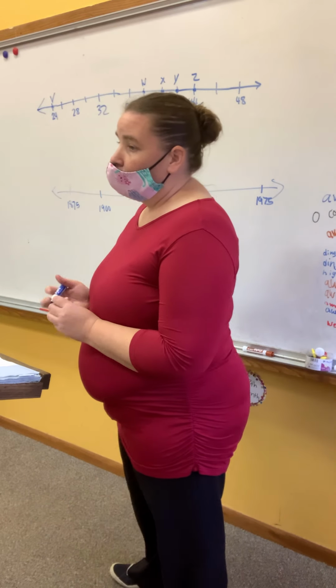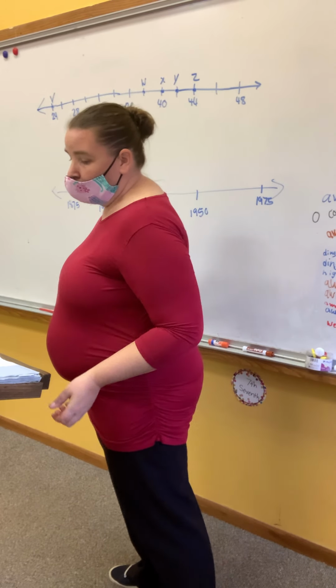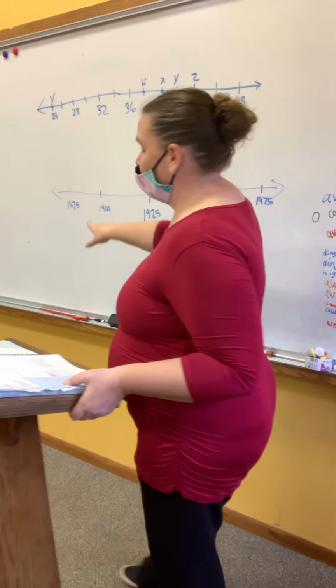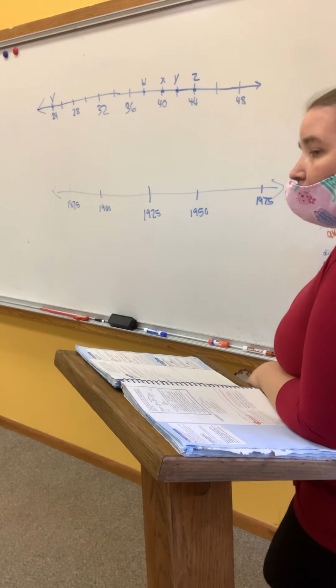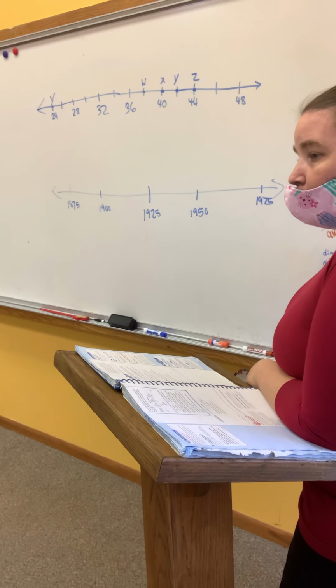Okay. So I need somebody to come put the telephone on my timeline. It was invented in 1876. Where is it going to go on my timeline? Who wants to put the telephone on my timeline?